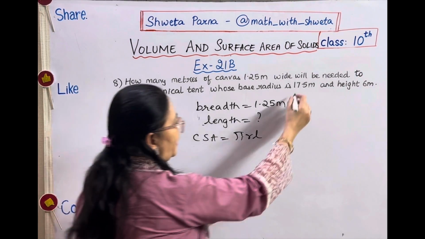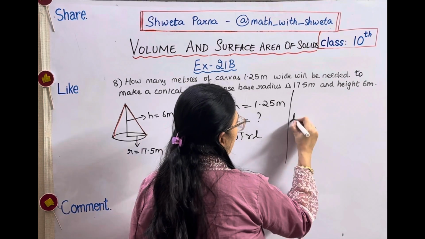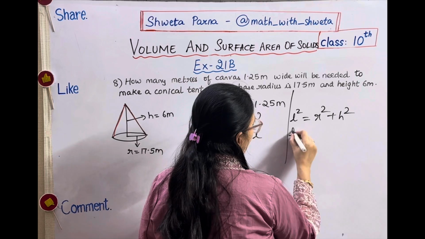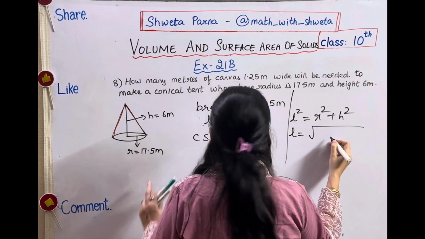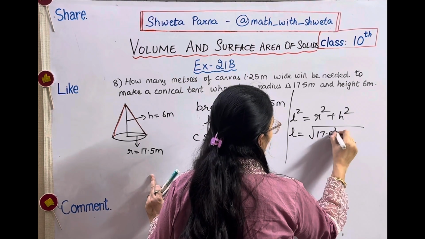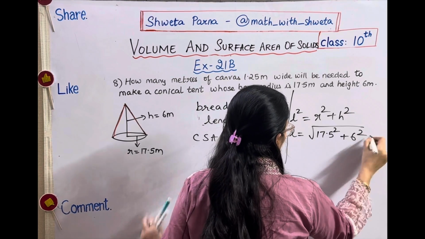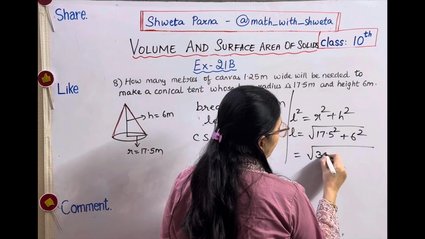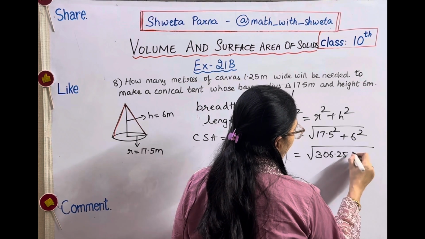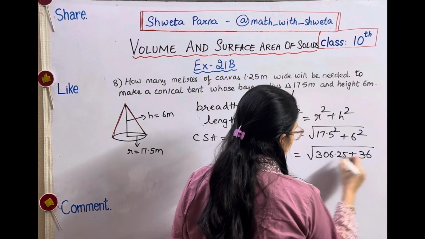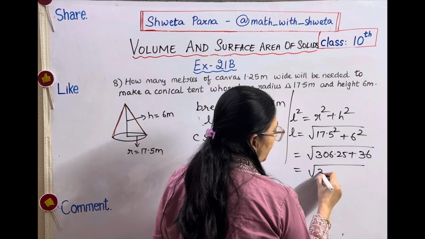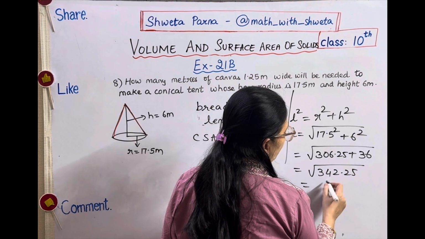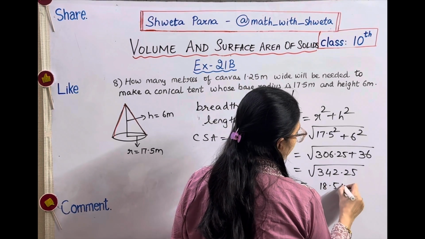So let's find L first. How do you find L? L square is equal to r square plus h square. L is equal to square root of 17.5 the whole square plus 6 square, which is equal to square root of 306.25 plus 36, which is equal to square root of 342.25, which is equal to 18.5 meter.